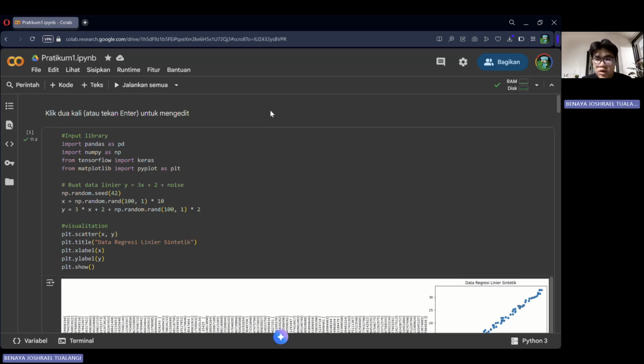First, we generate a synthetic dataset for linear regression, following the formula y = 3x + 2 + noise. We set a random seed to ensure reproducibility. The scatter plot below visualizes this data: a clear positive linear relationship, but with a realistic random scatter.